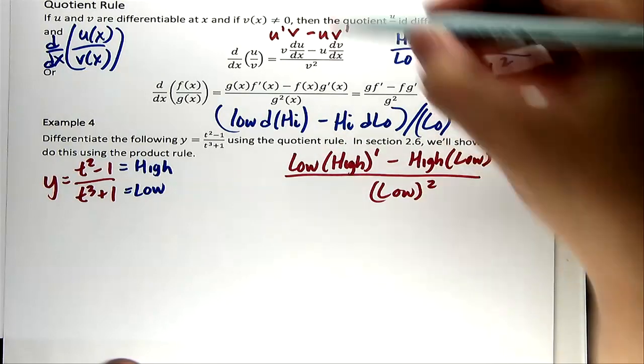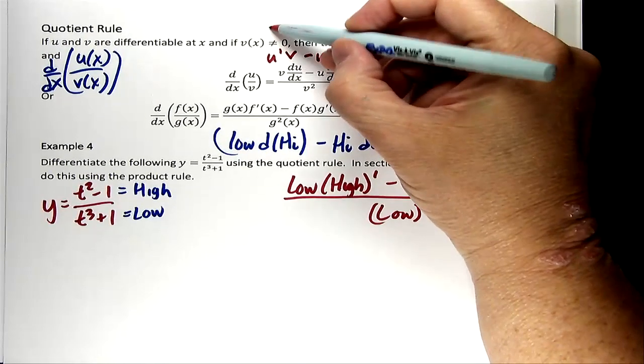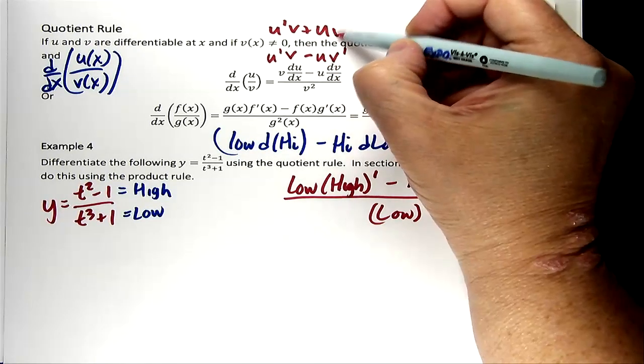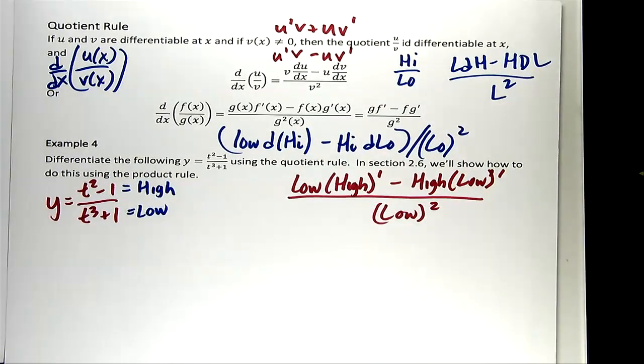The product rule is u prime v plus u v prime. So it looks like the product rule, but with a different sign, which is probably the easier way to remember it, to be honest.